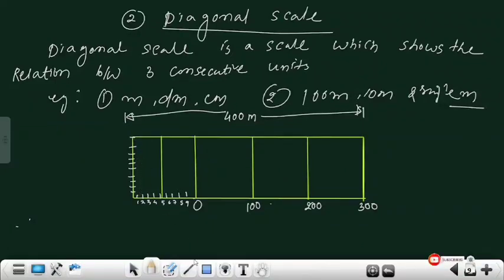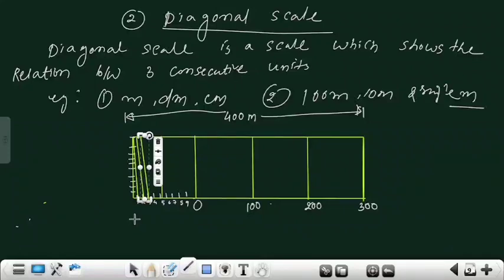So now join this line from this to this. Next, draw parallel to this. This is also parallel. Next, this is also parallel to the previous one. This is parallel to line number 4.